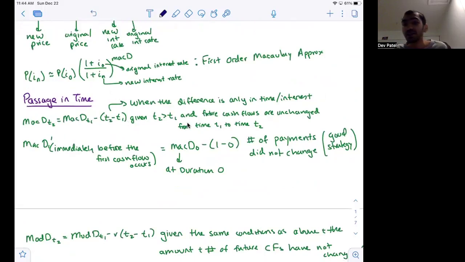The future cash flows remain unchanged from time period T1 to time period T2, and that's why we're able to only adjust for the time and get our new Macaulay duration.